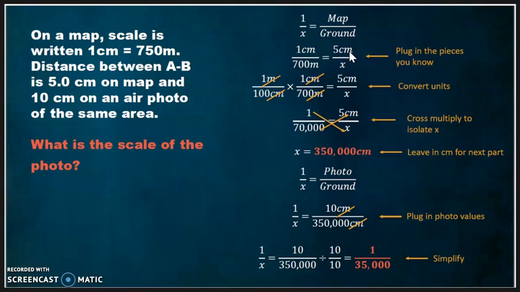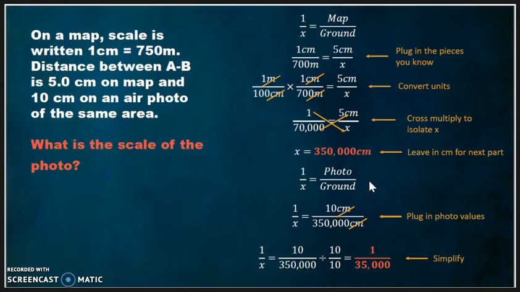Then we know that the distance between A and B on the map is 5 centimeters. So we're solving for X here. We're converting those meters to centimeters, and then we want to cross multiply to isolate X. Now we know that X equals 350,000 centimeters.